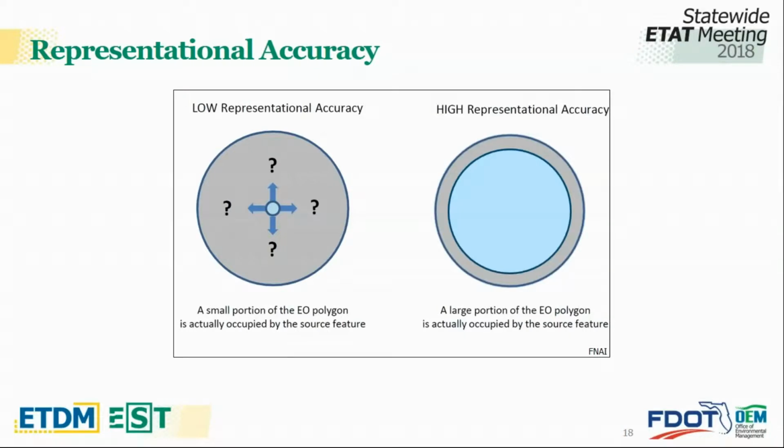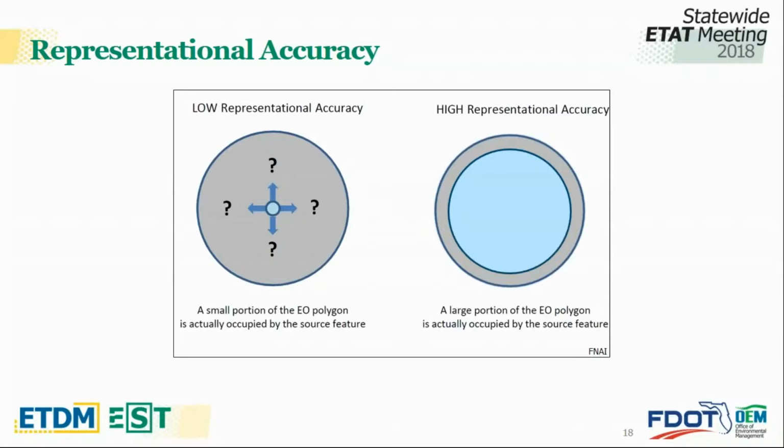Here is a different illustration to slightly contradict what I said earlier about circles being generalized areas. The way to check how much of this is a generalization is to look at the representational accuracy in the metadata. Here we have two polygons of the same shape and size, but one has low representational accuracy, meaning a small portion of the polygon is actually occupied, whereas the other has a high representational accuracy, with the majority of the polygon being occupied versus just being a buffer.